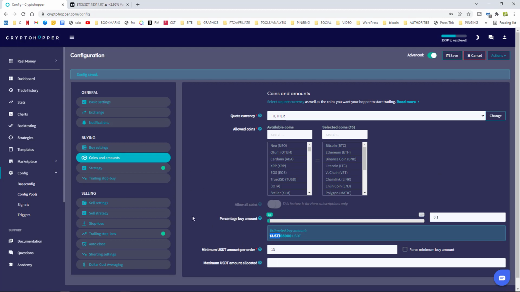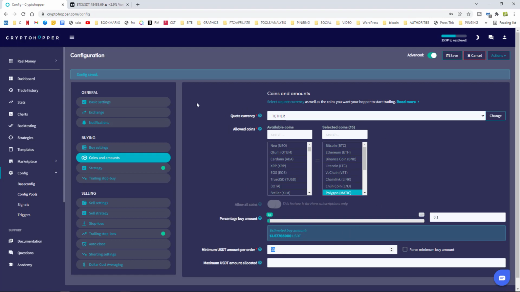Combined is $13,577. So it's taking 0.1% of this money, which equals $13.57. We just round it down to $13 for each buy order. Now if you're only opening 10 positions, well, that's $130 in play at any one time.